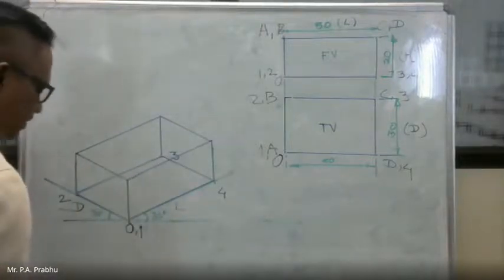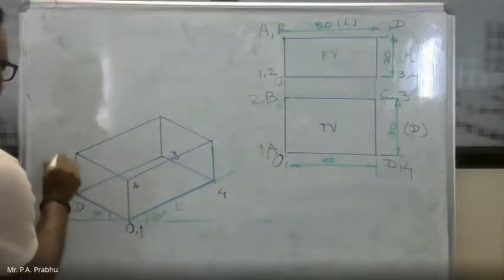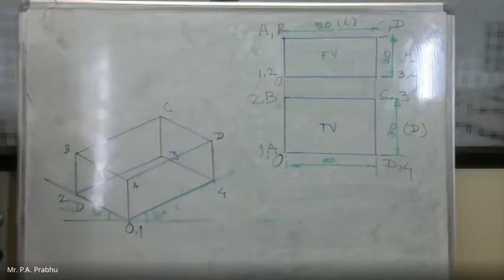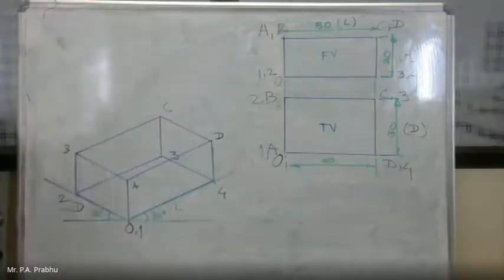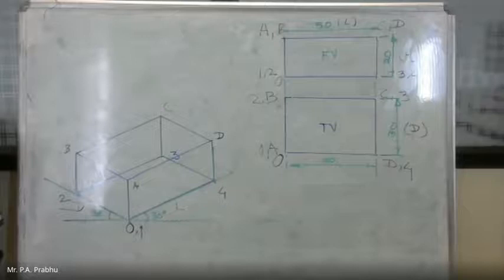So this will be A, this will be B, this will be C and D. Top surface, bottom surface. Okay. If you have any problem, please ask me. Up to here, all of you have completed. So I have completed first the bottom surface 1, 2, 3, 4. Then through each corner, I have marked the height 20 mm.